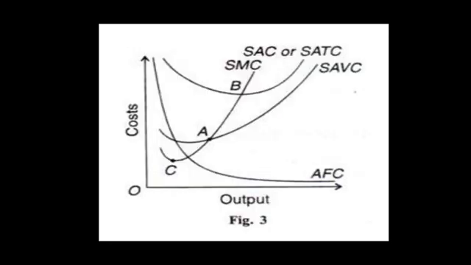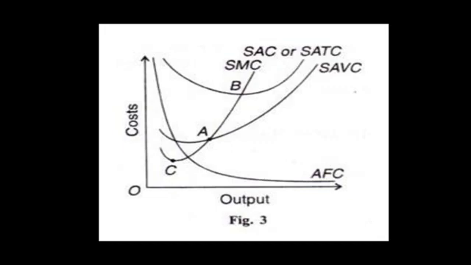So, students, the short run average variable cost curve, the short run average total cost curve, and the short run marginal cost curve all are U-shaped, as shown in the figure given in the current slide.